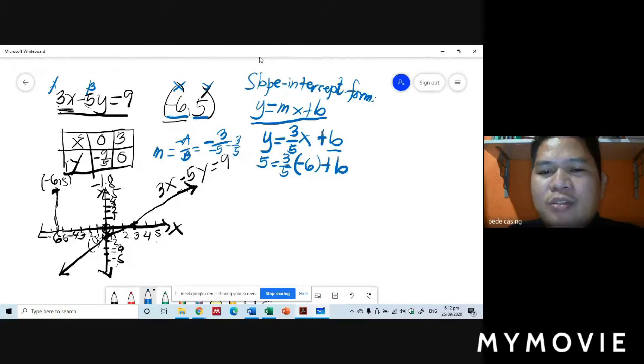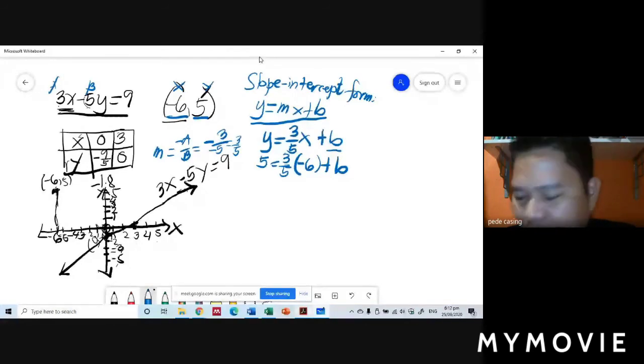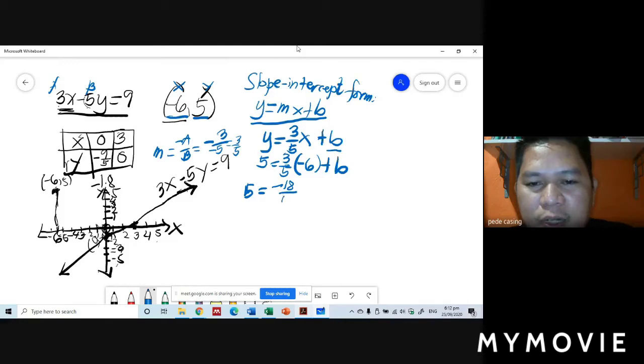Para ma-solve nato ang b. Then after that, you simplify. This will become 5 equals 3 times -6, that is -18, over 5. Equals -18 over 5 plus b.